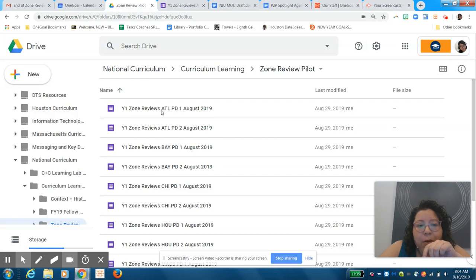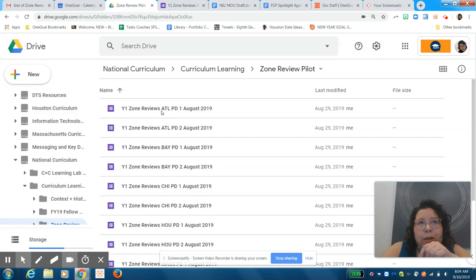Each PD will have their own individual zone review form, and this is to facilitate a number of things. One, in order to ensure that you're able to quickly access the data and be able to share it with PDs. It's easier if it's just their own data that's in one place.